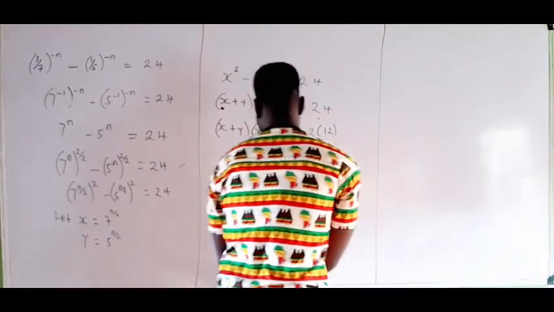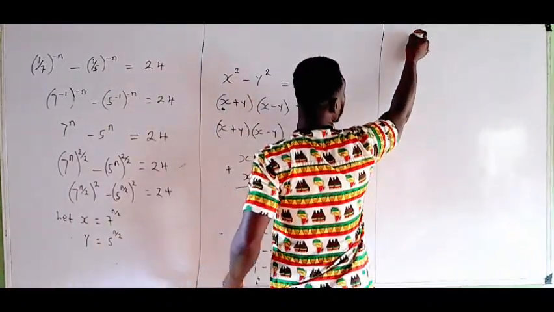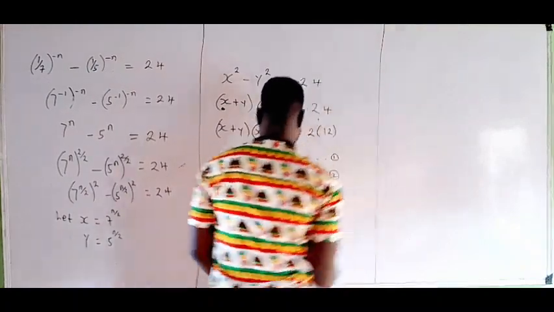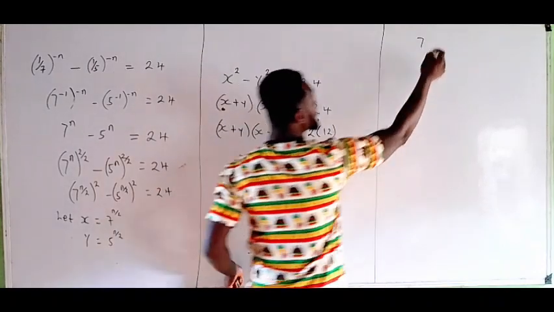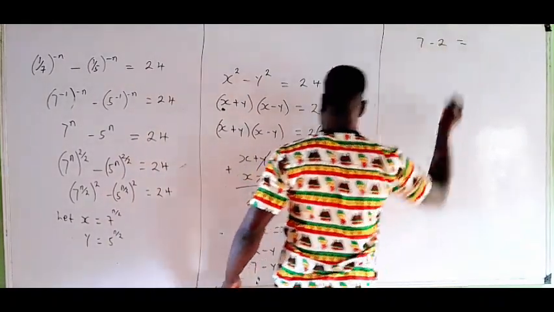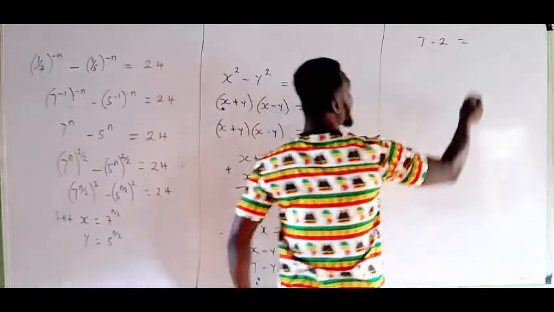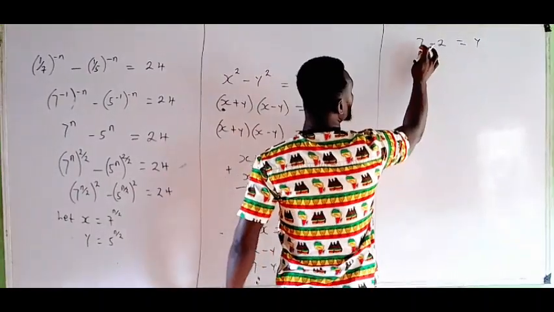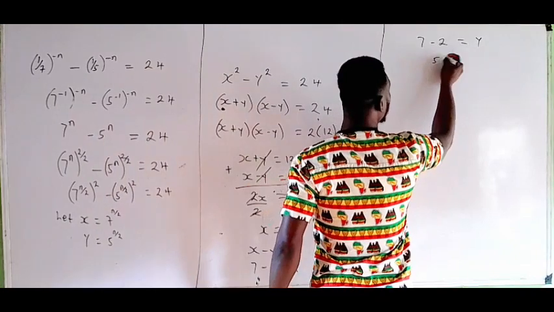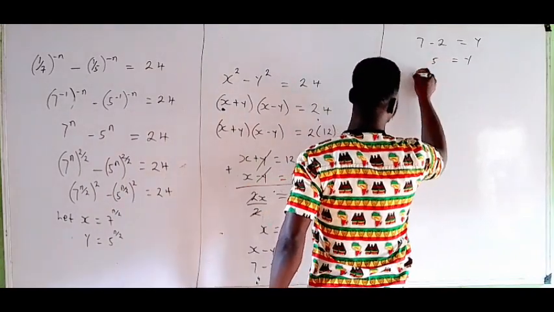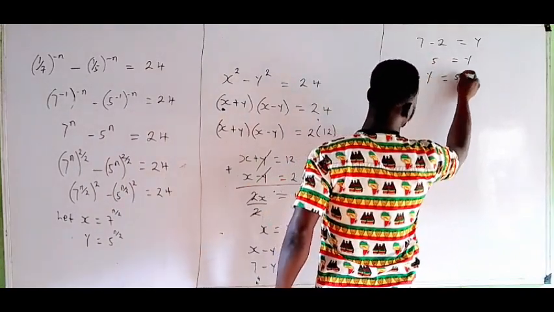So that means, take y to the other side. So this is 7 minus 2 equals to y, going to the other side, it becomes plus y. So this minus this will give us 5, right? So 5 is equals to y, therefore y is equals to 5.